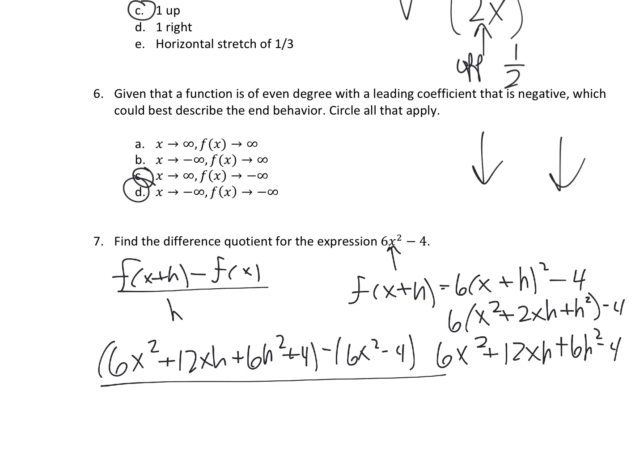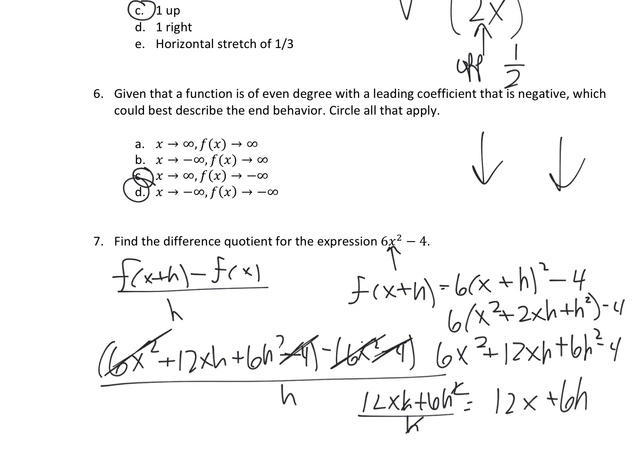That should be a plus 4, this part right there, over h. So the x squareds cancel, the 4s cancel, and I'm left with 12xh plus 6h squared over h. By canceling an h from each, I get 12x plus 6h.